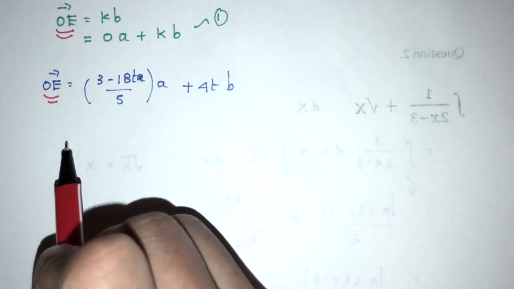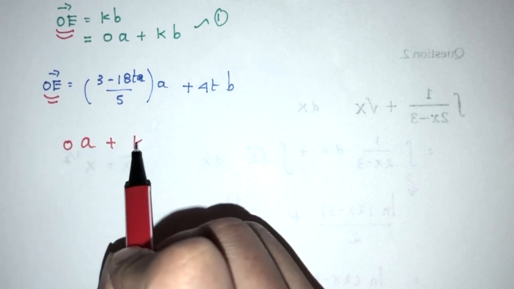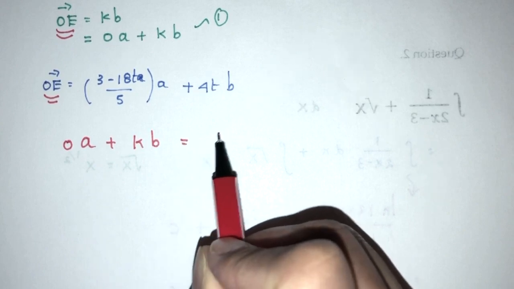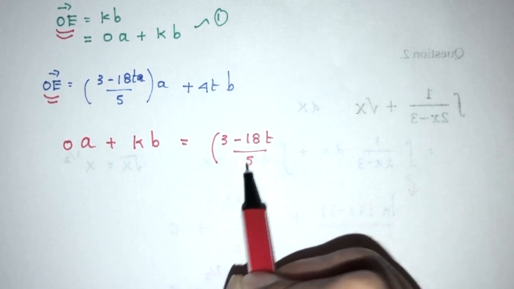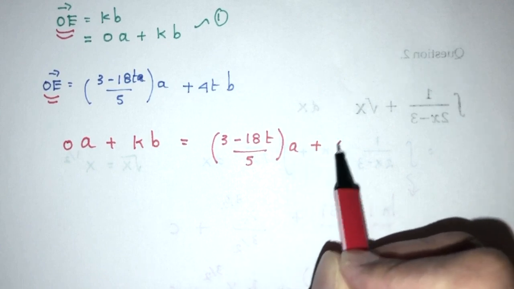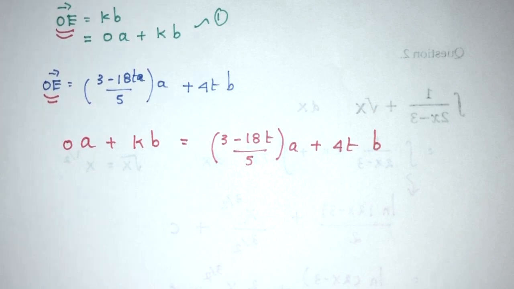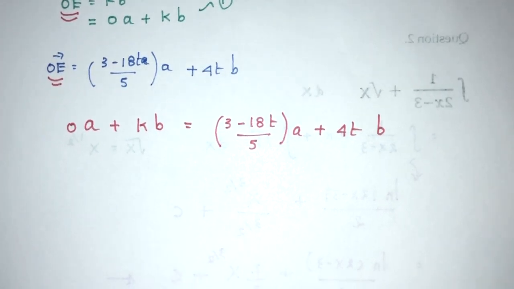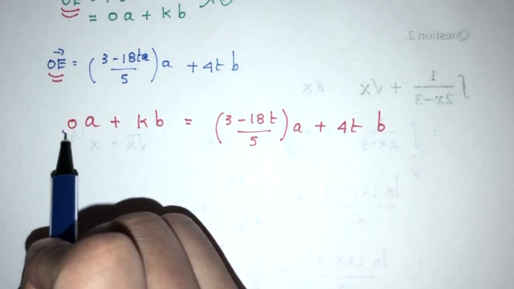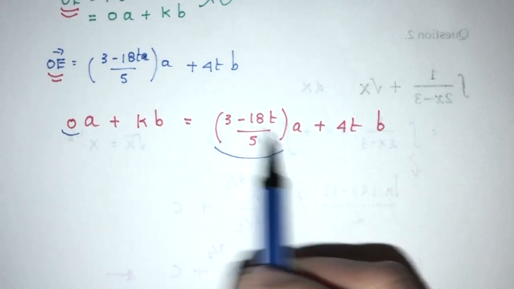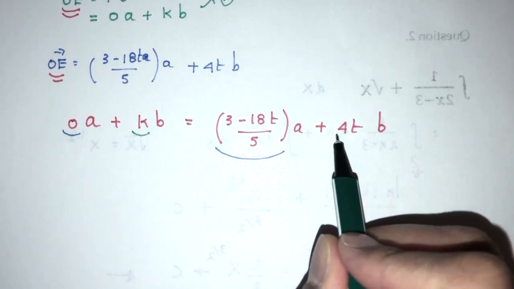So on one side you will have 0a plus k times b is equal to this value, 3 minus 18t over 5 times a, and plus 4tb. Now let's compare. How do we solve this kind of question? We compare coefficients, which means in front of a we have this, in front of a here we have this, and in front of b we have this, in front of b we have this value.